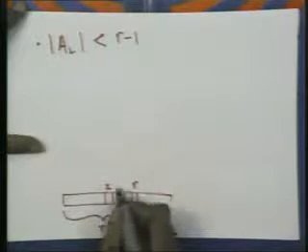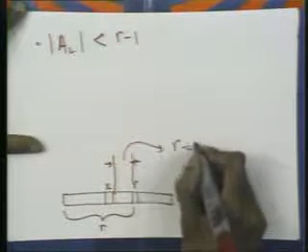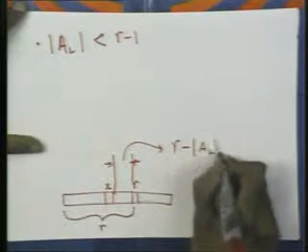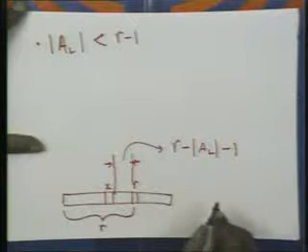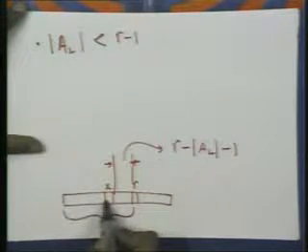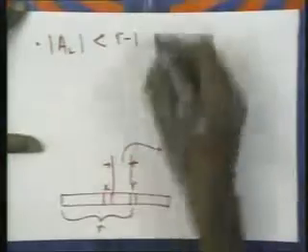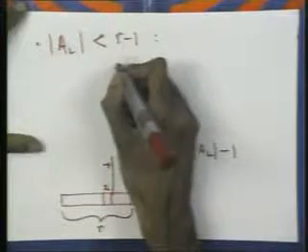So the rank of this element in this portion of the array is nothing but this distance, that is nothing but R minus size of AL minus 1. This entire distance is R, this distance is size of AL, and X is just one element. So we want to find now an element.